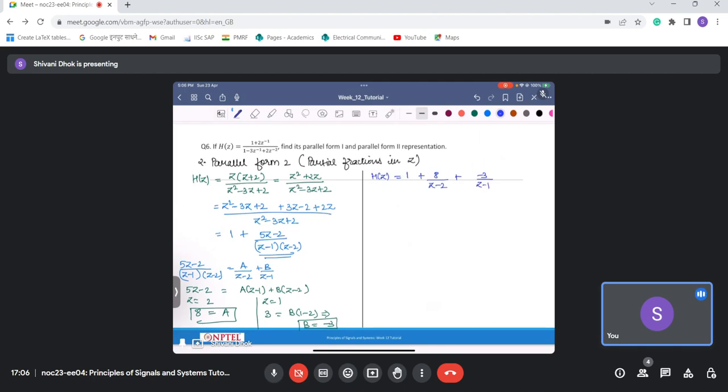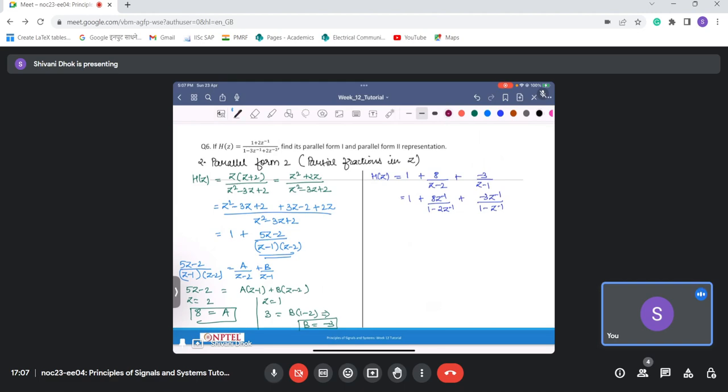Now in order to get it in terms of my delay block format, I'll divide and multiply these two parts by z inverse. So what I will have is 1 plus 8 z inverse upon 1 minus 2 z inverse plus minus 3 into z inverse upon 1 minus z inverse.